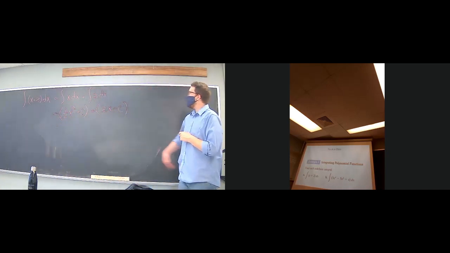So here, this thing is going to come out to be 1/2 x squared plus c. And this thing is going to come out to be 2x plus c. Well, we can drop these parentheses and start grouping things together.